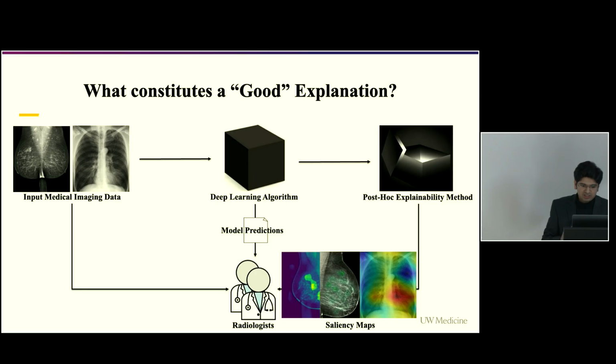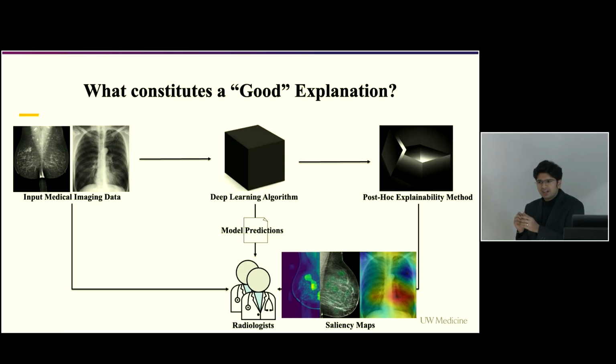And here come techniques like post hoc explainability methods. Essentially, there has been significant research in coming up with these visualizations known as saliency maps that are aimed to explain individual predictions of medical imaging algorithms.